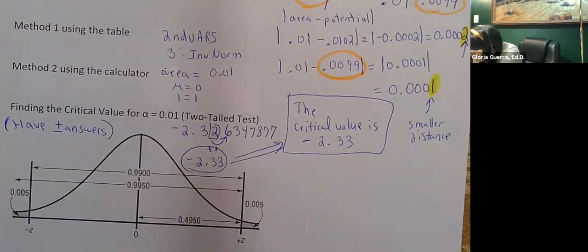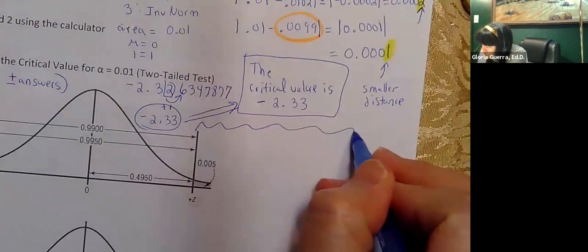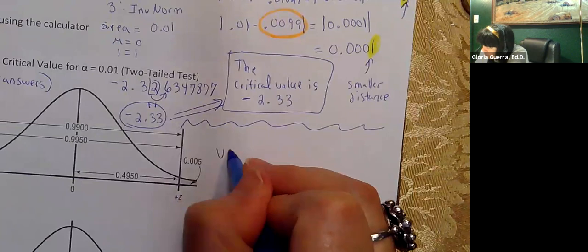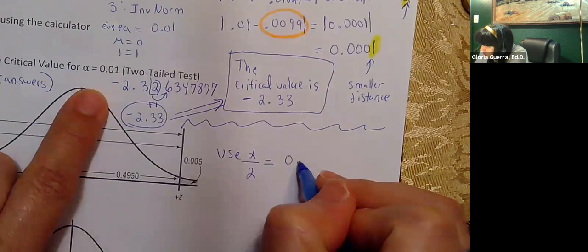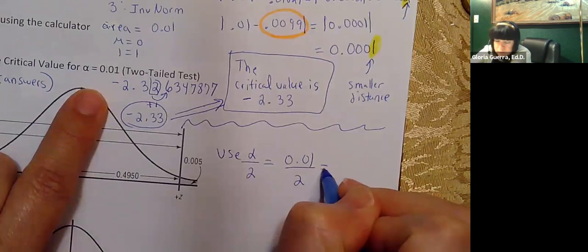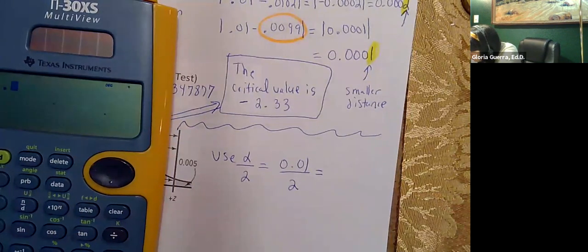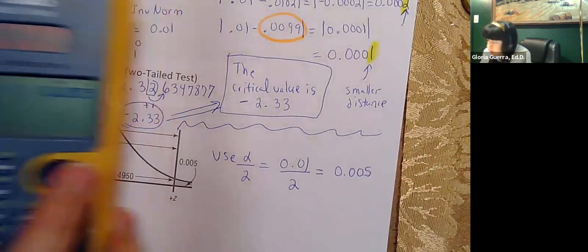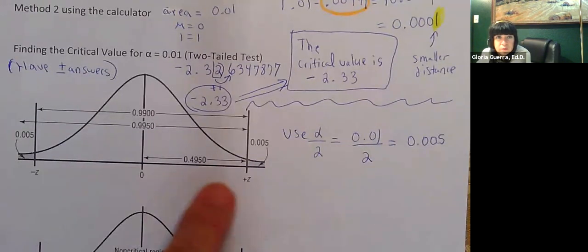So here, what would happen is you would use alpha divided by 2. So alpha is 0.01, and you would divide that by 2. When I divide that by 2, I'm just going to use this calculator. 0.01 divided by 2 is 0.005. And you see, that's why they have these here on your paper, okay?